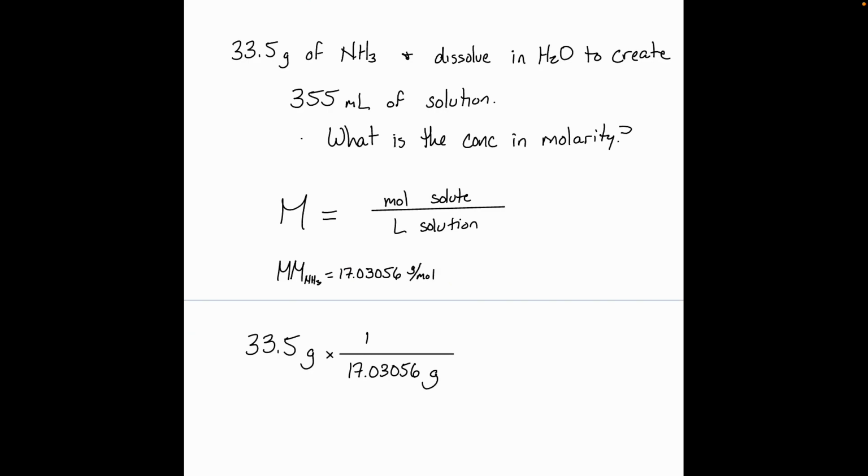That's grams, and that will put me in moles of ammonia. So 1.96705, write down a bunch of digits. I'm going to mark my sig fig with a bar here. And again, my units will be moles of ammonia.